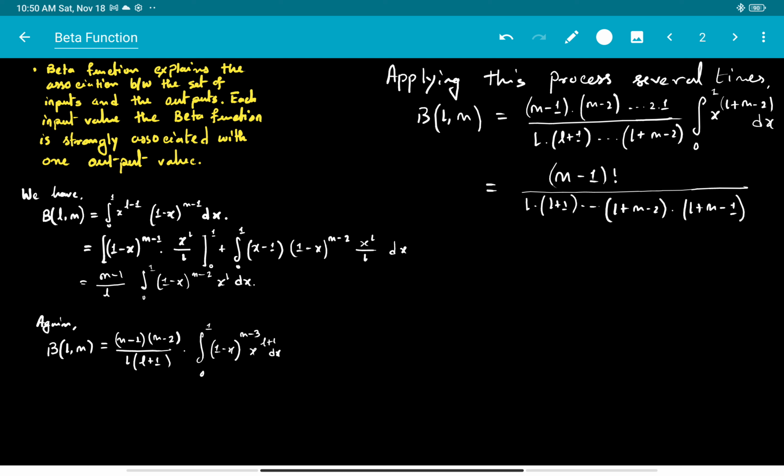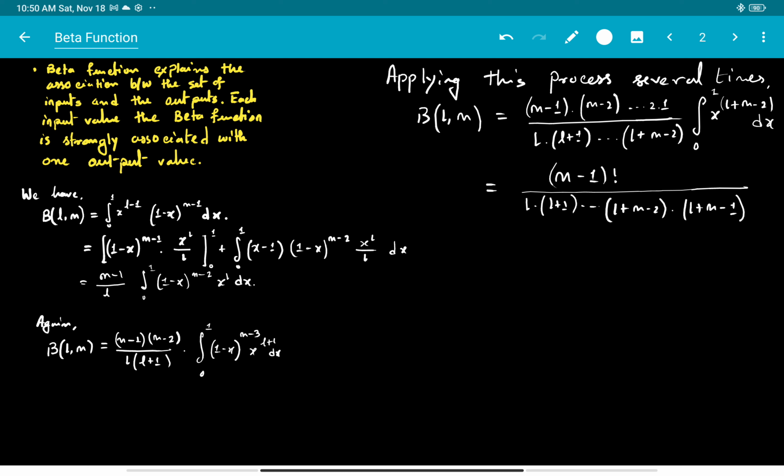Actually, I performed this 10 times when I first learned the beta function, to understand the process: what is basically going on, why this factor is coming, and how this 1 minus x term is going to vanish.